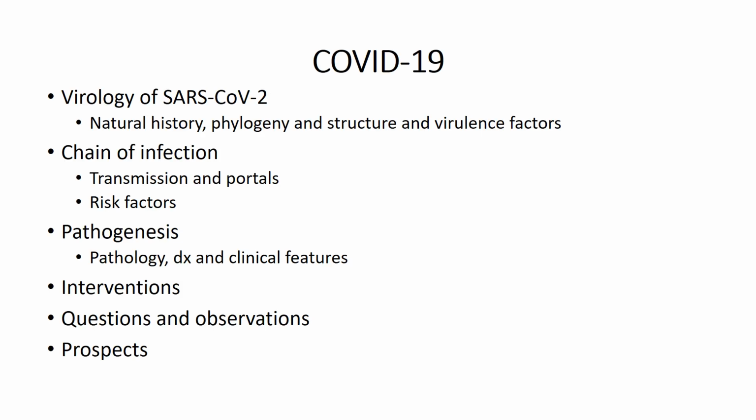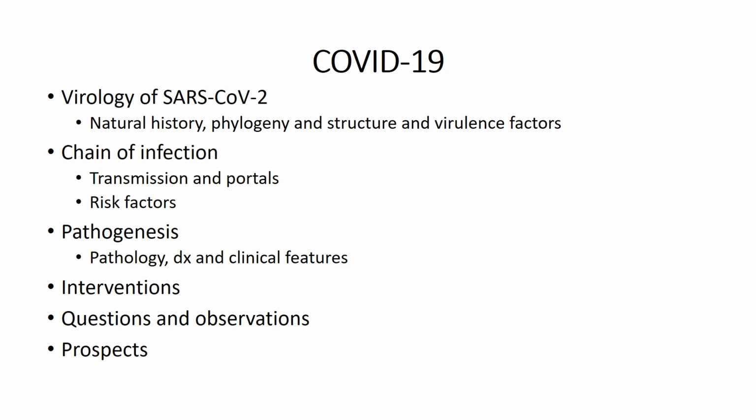Just an outline of the talk. I'm going to talk about the virology of SARS-CoV-2, especially not so much about the natural history, which is well published, its origins, but a little bit about the phylogeny, the current phylogenetics, as well as structural and virulence factors, which are relevant for everyone. Practical details of the chain of infection, which means how the virus is transmitted, its portals, and the risk factors involved.